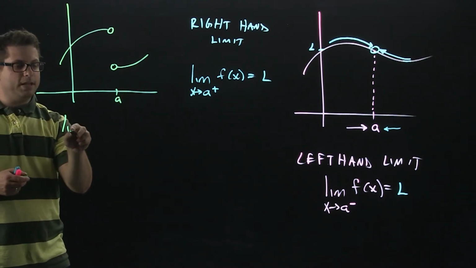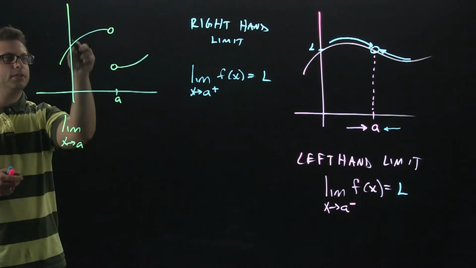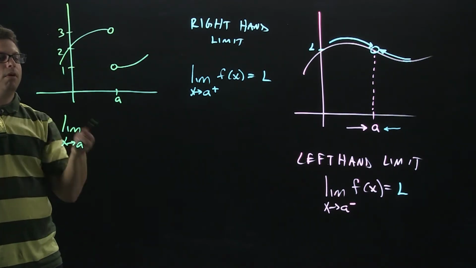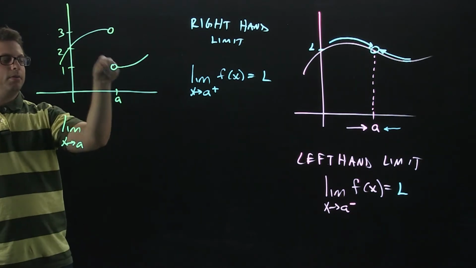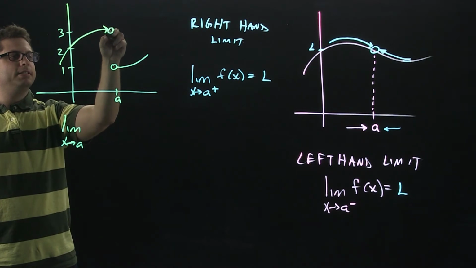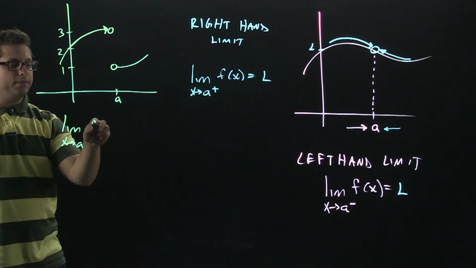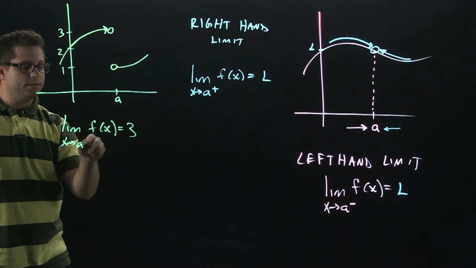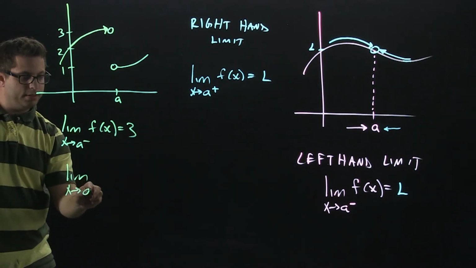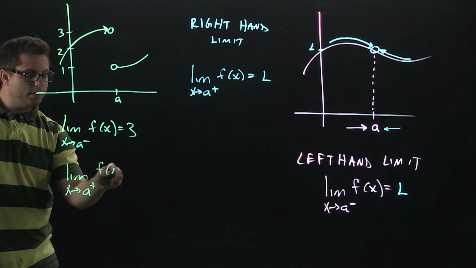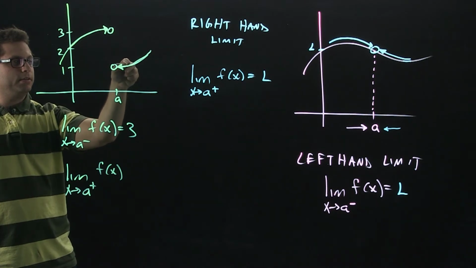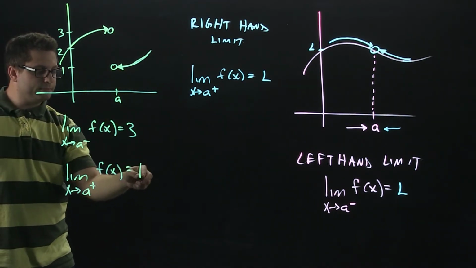If you approach a from the left-hand side, tracing the graph from up here, I expect the y value to be 3. However, from the right-hand side, if I trace the graph, I'm expecting it to go down here, which looks like a y value of 1.